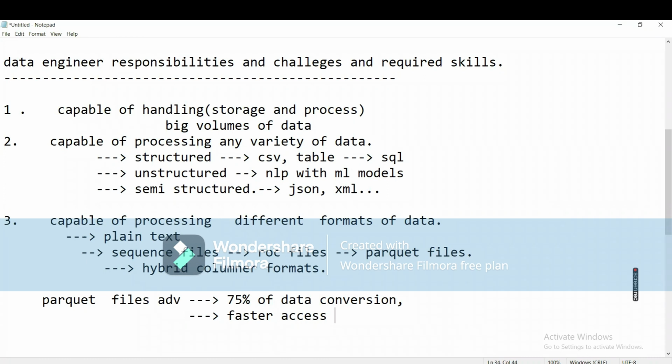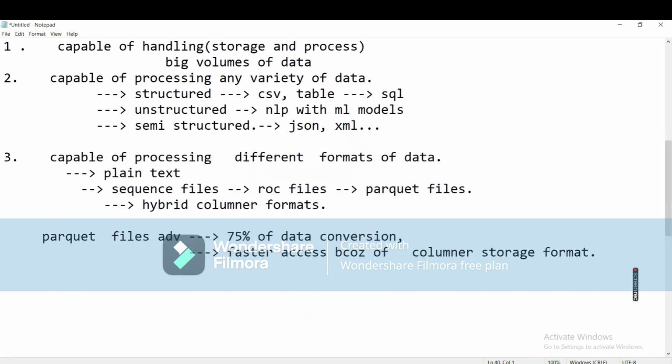Understand the point, sir? So faster access because of what? Columnar storage format. This kind of advantage I am getting.